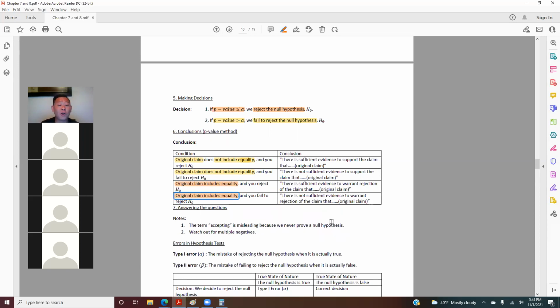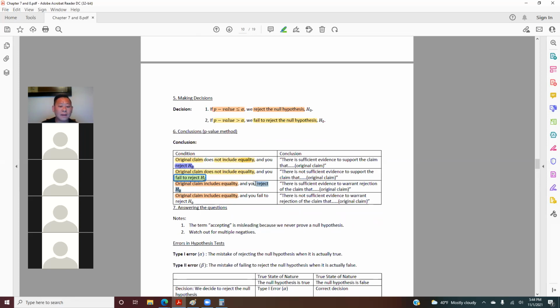And you also look at your decision. If you reject your null hypothesis, you are making the first conclusion. If you fail to reject the null hypothesis, you are making the second conclusion.